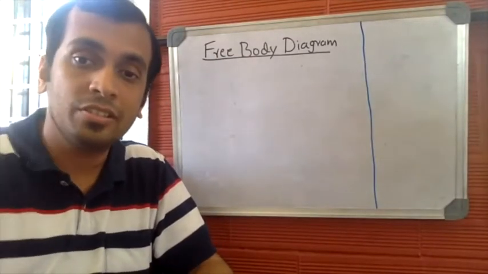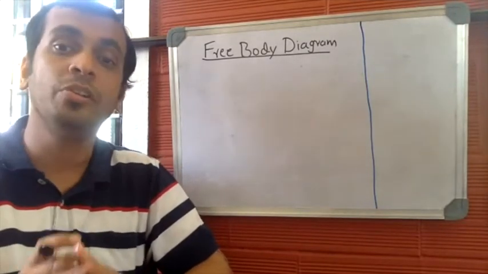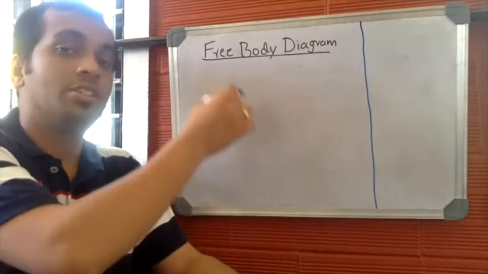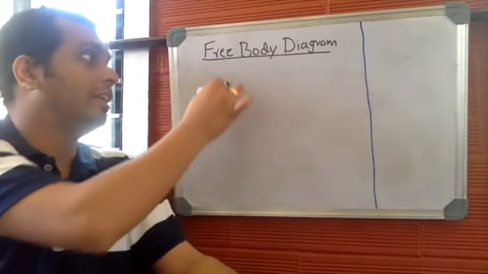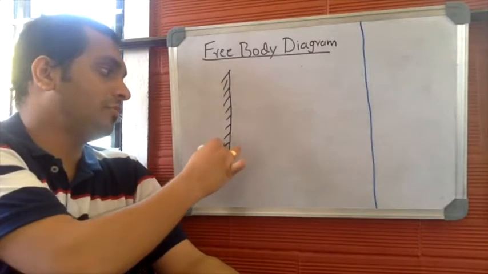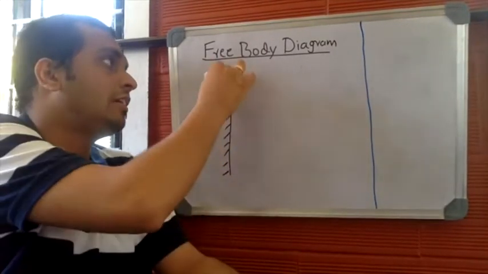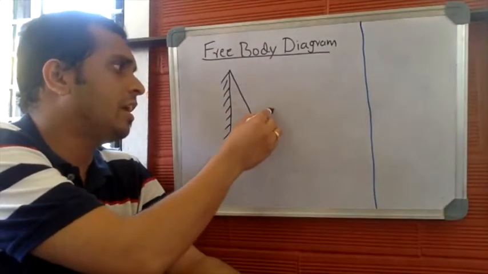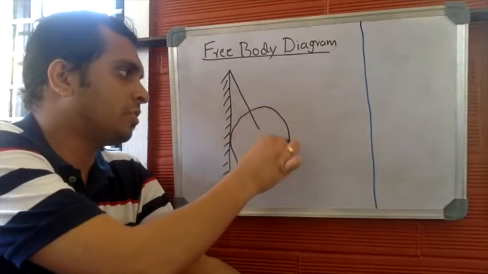Now let us try to understand the procedure to draw the free body diagram. In order to understand the procedure, let me consider an example, where you have a surface, a vertical surface, and a string, and a circular object or body.